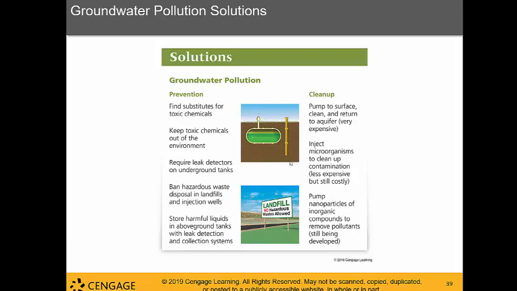We're still developing new ways of cleaning up pollution in groundwater. Pumping nanoparticles of organic compounds to help neutralize pollutants is an exciting new area of research, but it's still not a reality yet.